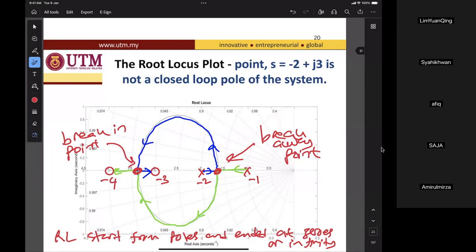Breakaway occurs between two poles, and the flow of the root locus is going out. But the break-in point occurs between two zeros, -4 and -3, and the flow is going in. Both are break points, but one is away, one is in.